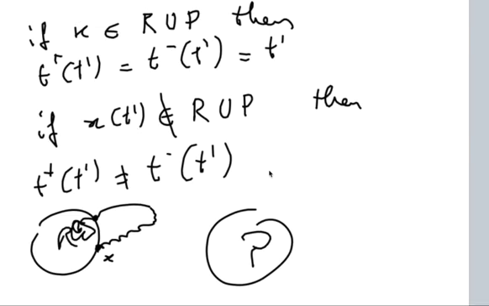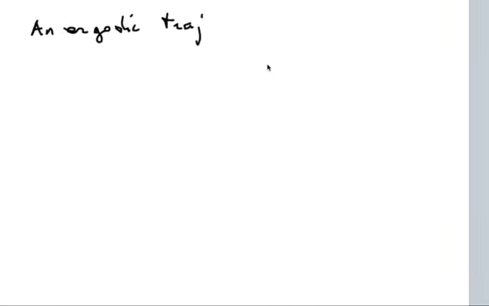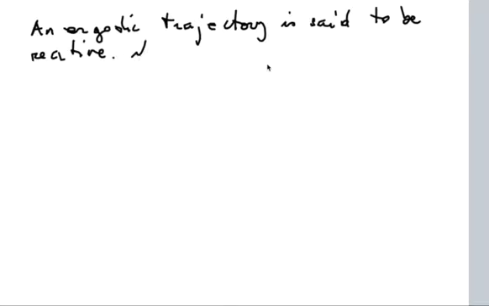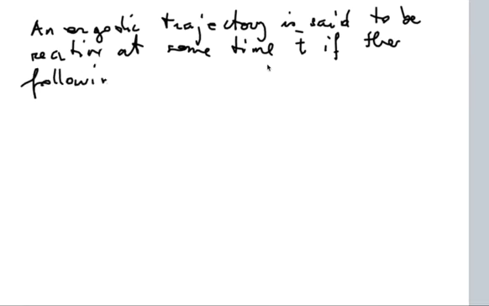Well, an ergodic trajectory is said to be reactive at some specific time t bar if the following three conditions are simultaneously satisfied.